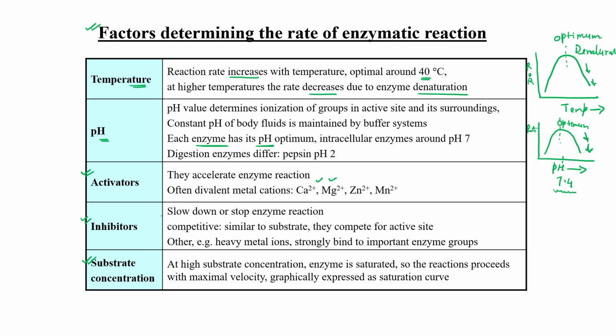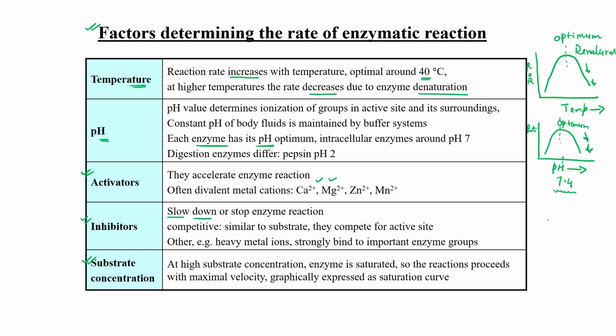Right. So what is written here about inhibitors? These inhibitors slow down or stop the enzyme reaction. Why? Because they mimic the structure of the substrate and go and bind to the active site of the enzyme.